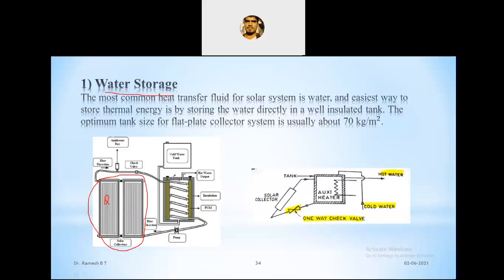In the exchanger, the coils are surrounded by water. Cold water comes in as input, and on the other side there is hot water.